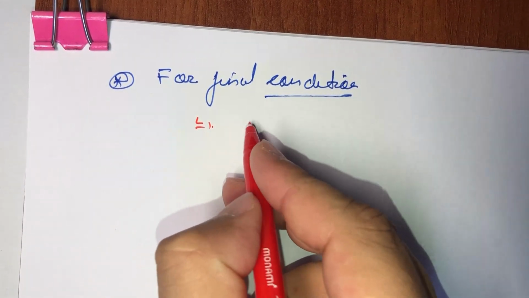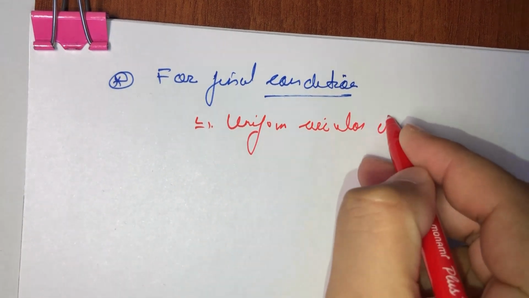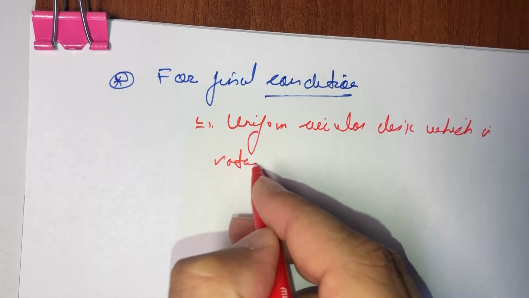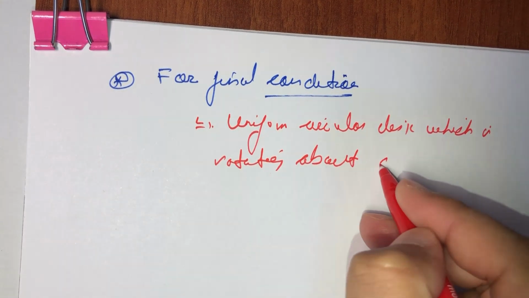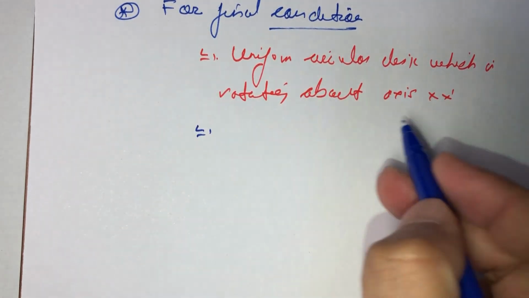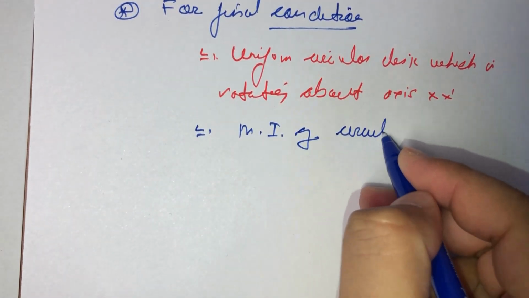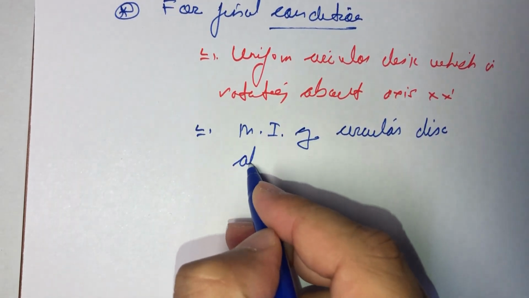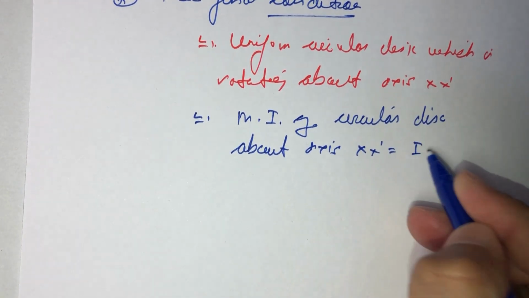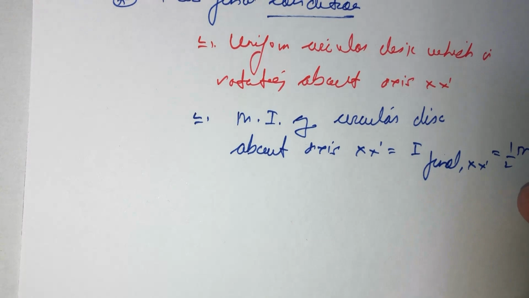Okay, so we have the uniform circular disc which is rotating about axis xx prime, and in this case also, the moment of inertia of the circular disc about axis xx prime, let us suppose given as I final, will be once again half M R square.